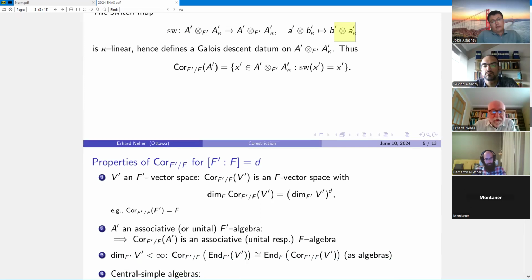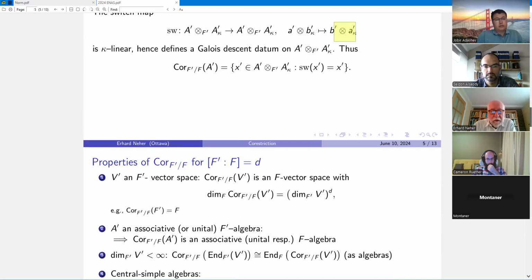Now, the corestriction of the algebra of endomorphisms of the vector space V prime over F prime is canonically isomorphic to the endomorphism algebra of the corestriction of the vector space V prime. And now, of course, the endomorphisms of V prime over F prime are special cases of central simple algebras, so this leads me naturally to central simple algebras.